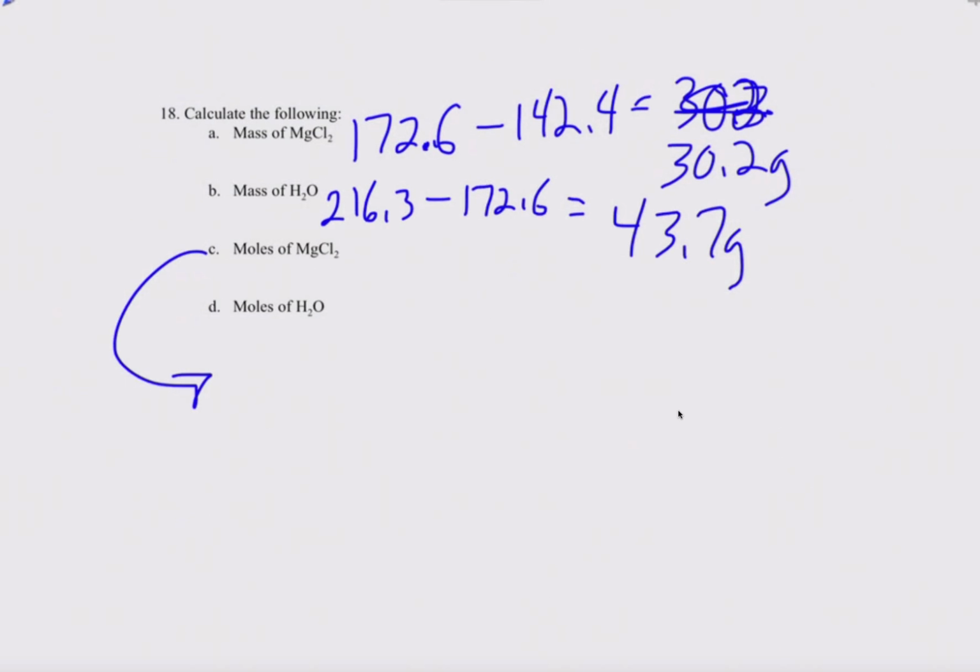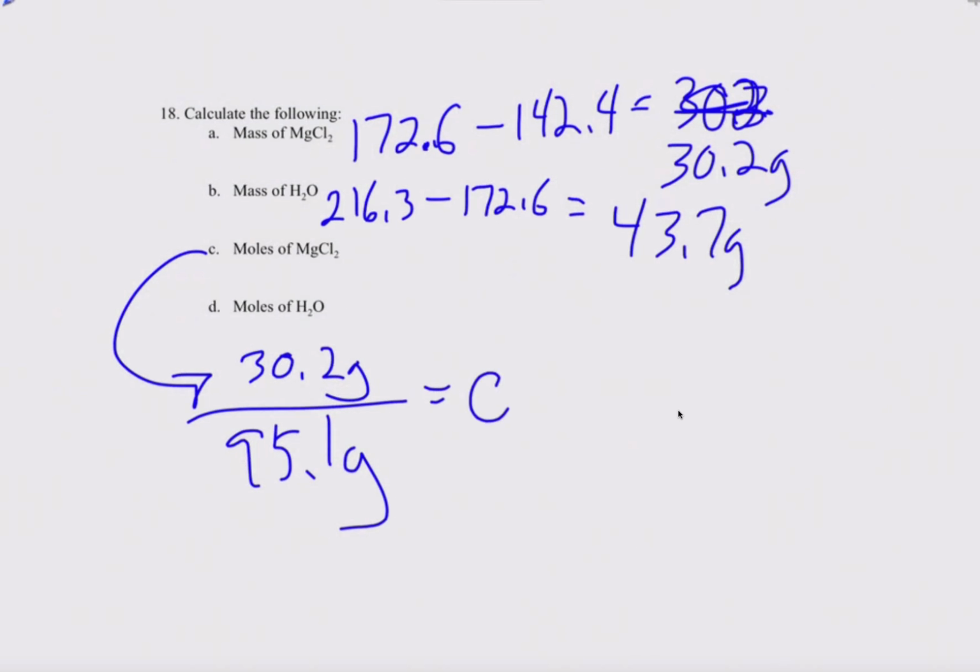All right, moles is the number of grams divided by the molar mass. So for the magnesium chloride, we said we had 30.2 grams. The molar mass of magnesium chloride is 95.1 grams. So we divide those together and we find that there was 0.318 moles of magnesium chloride. And then we do this for water.